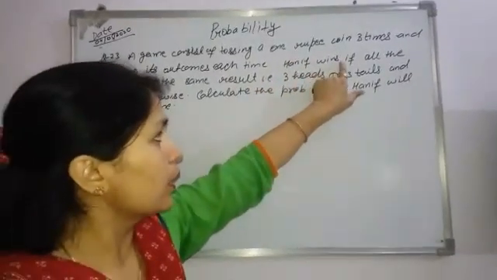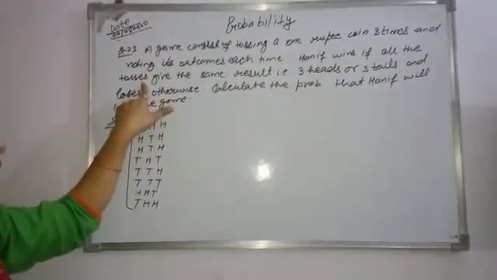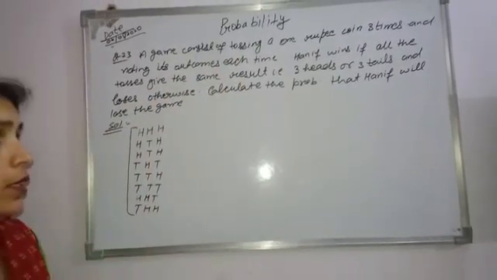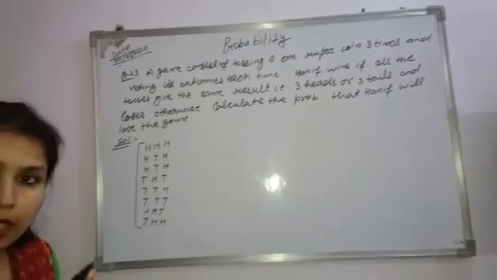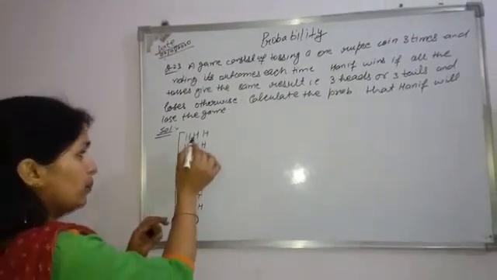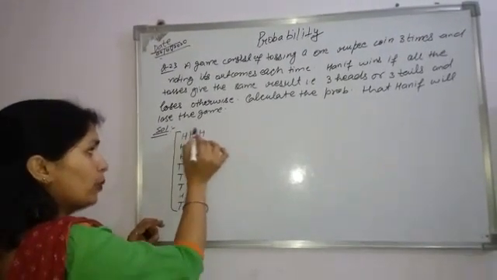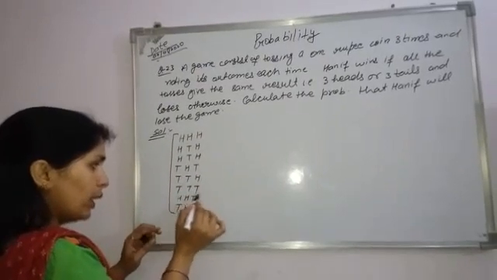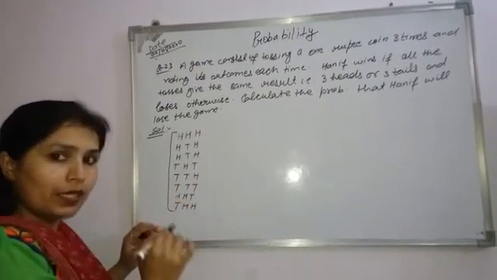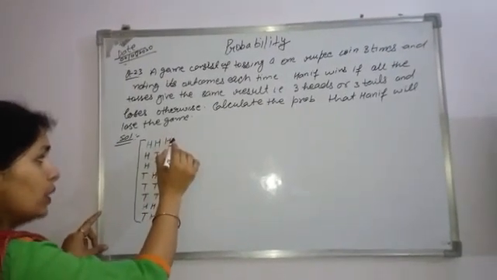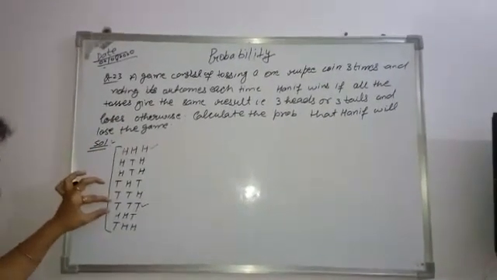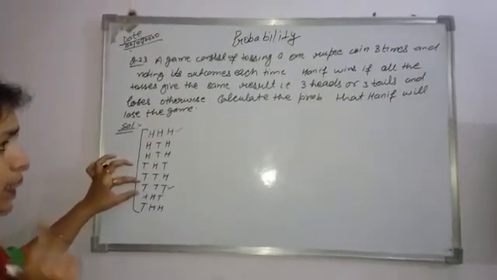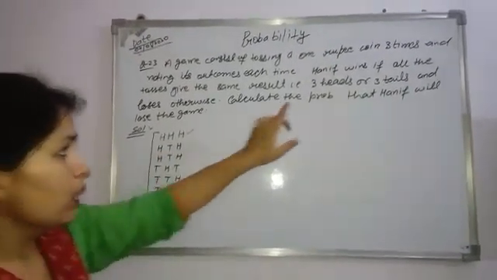Hanif wins if all the tosses give the same result. Giving the same result means in each toss we obtain head in all cases, or tail in all cases. So if he gets these 2 cases, then only he wins, otherwise he loses the game.